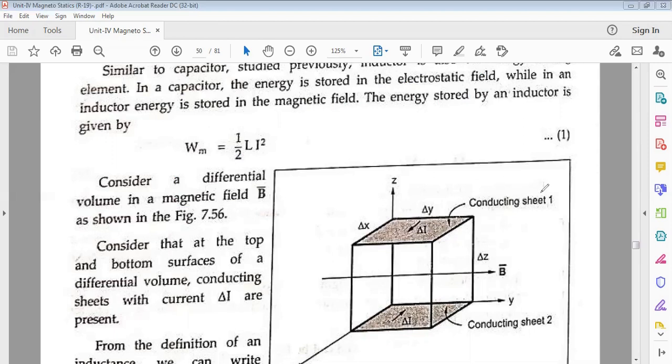The topmost you can consider as conducting sheet 1 and the bottom sheet as conducting sheet 2, with the current delta I present.